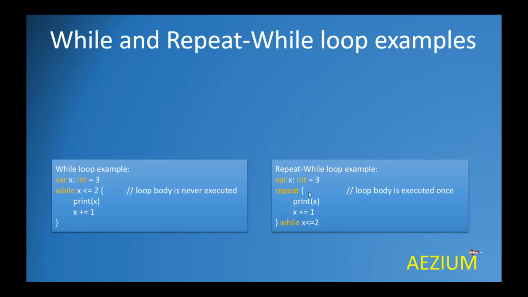So as a result, the loop body is executed at least once, and that is different to the case of the simple while loop where the checking was at the beginning of the pass and the body of the loop was never executed.